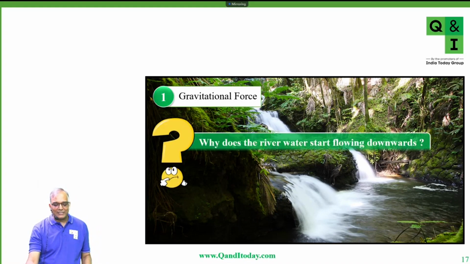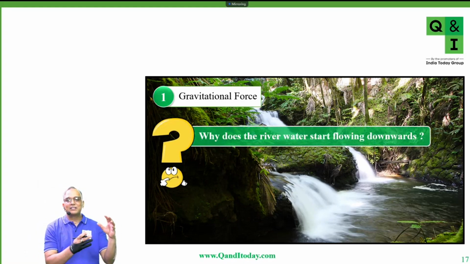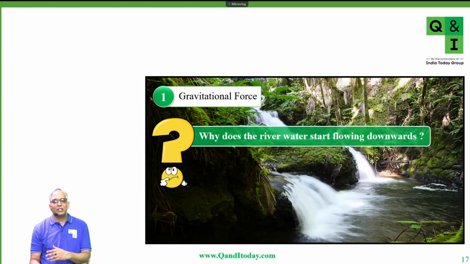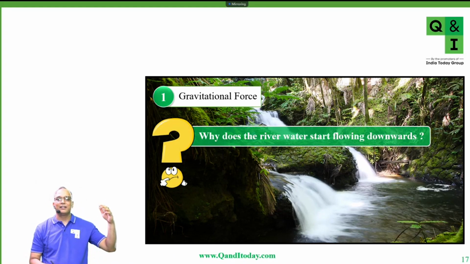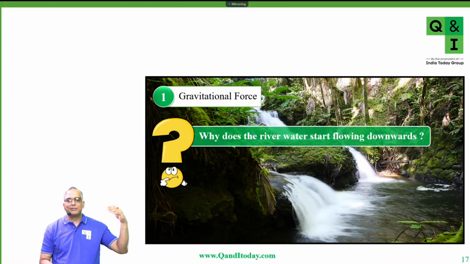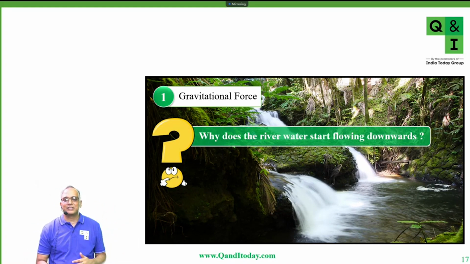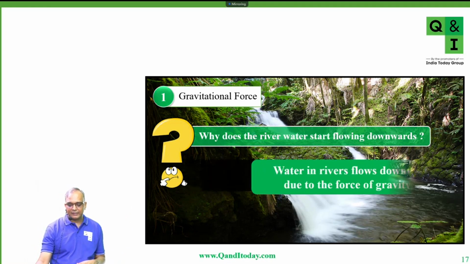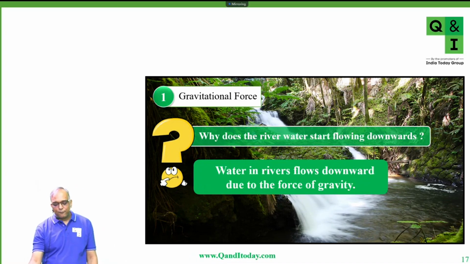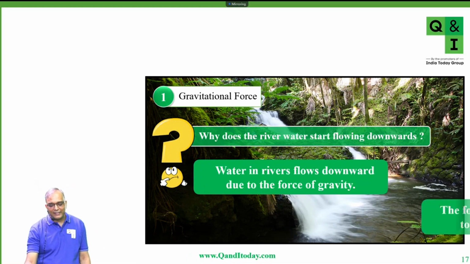Here also, the river flow is because of the gravitational force. From the hills and mountains, generally rivers flow downwards, right? All of these rivers flow downward because of the gravitational pull of the earth. So water in rivers flows downward due to the force of gravity.